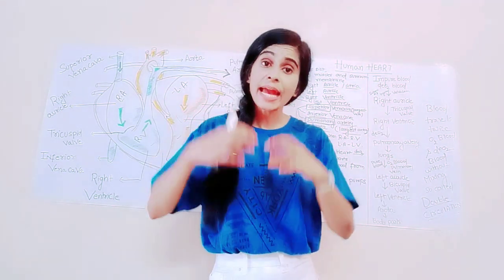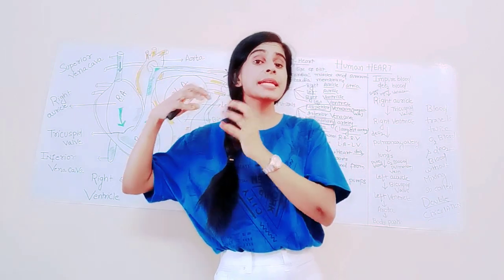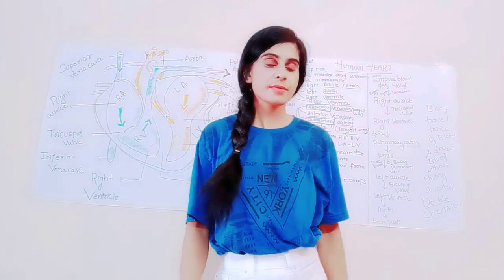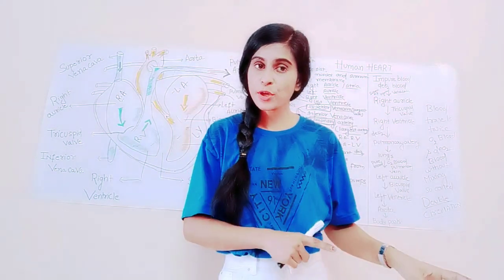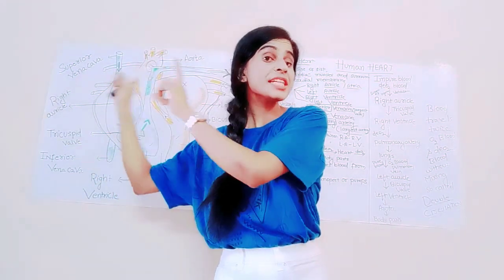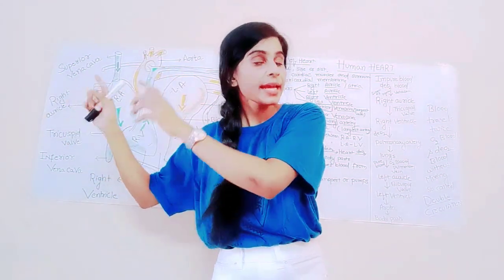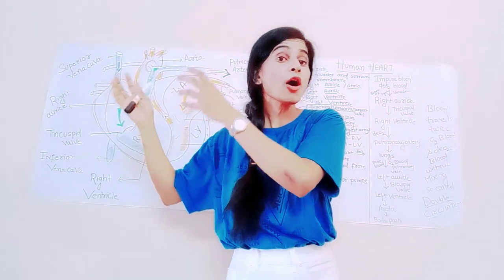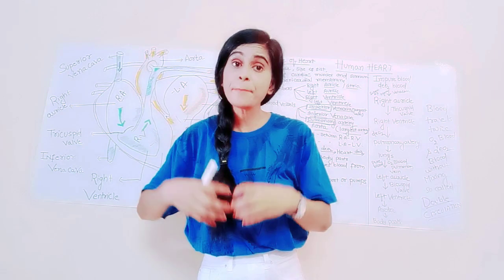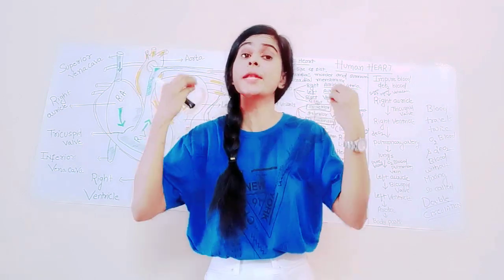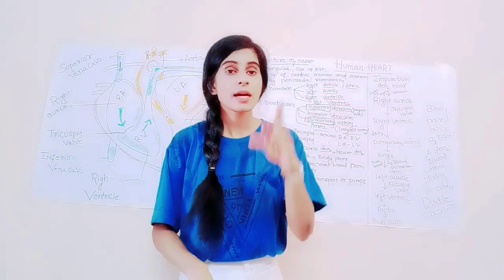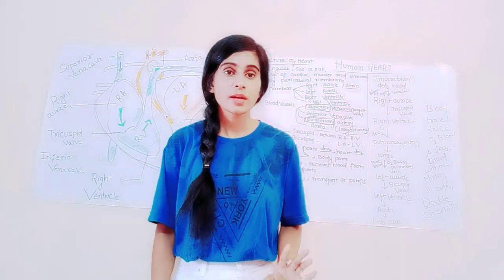Then it will send that impure blood to lungs for purification, and once purification is done, the purified or oxygenated blood comes into the heart, and the heart again pumps that oxygenated pure blood to the whole body parts. Understood? Yes or no?